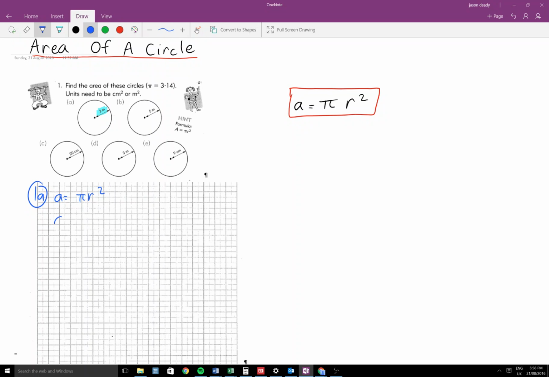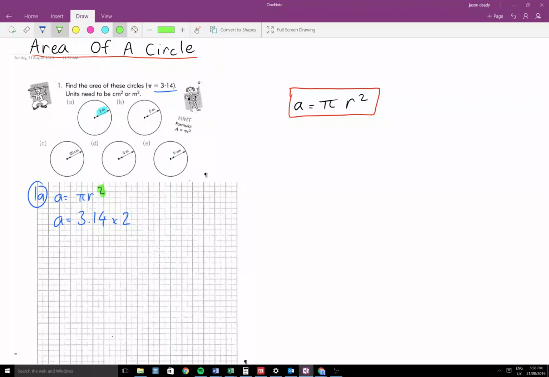So A equals pi, which is 3.14, times 2, the radius. I've got the little squared up here, which doesn't mean times 2, but means times by itself.